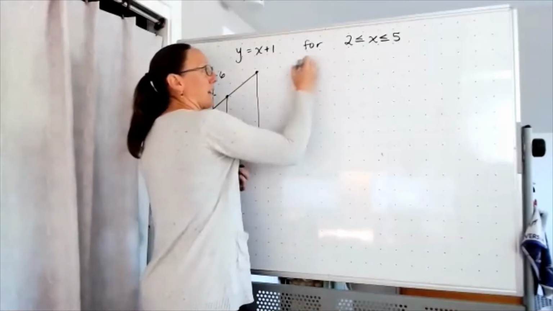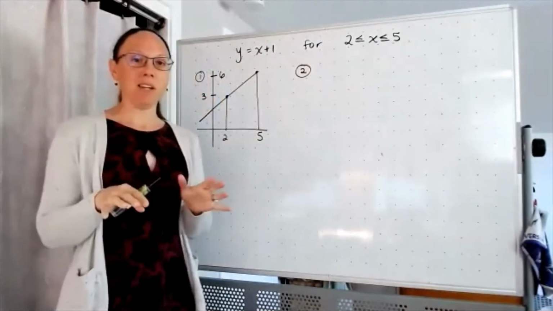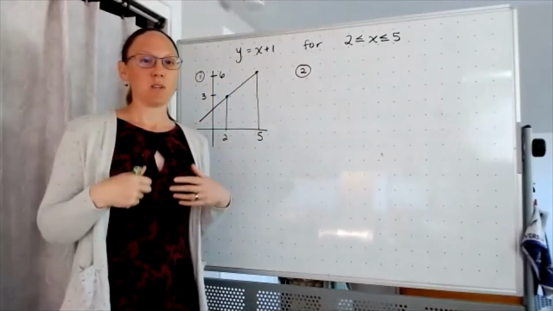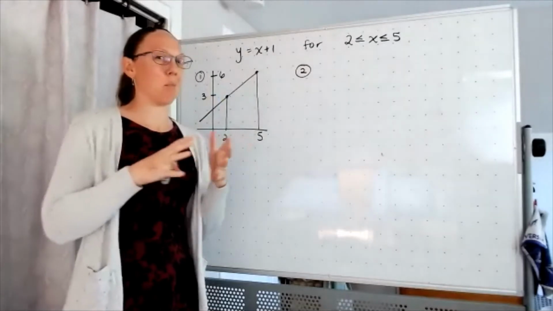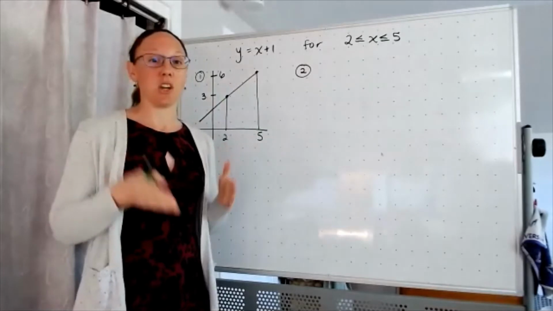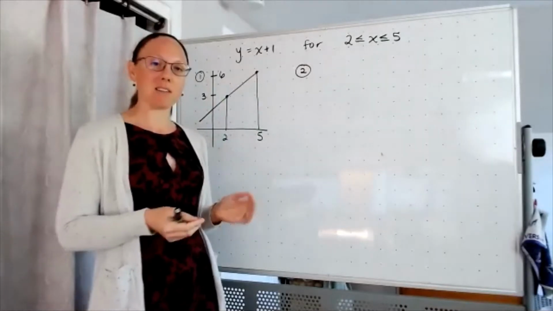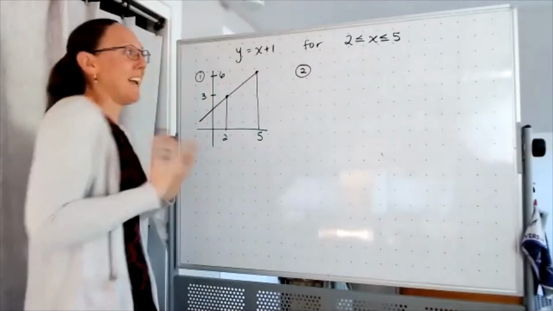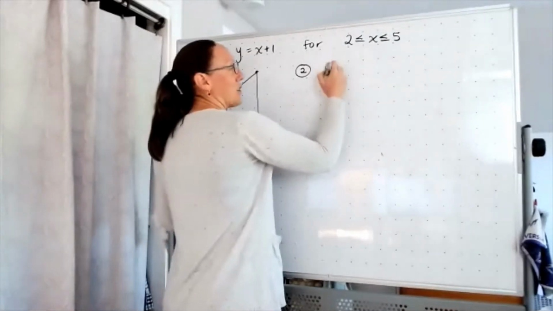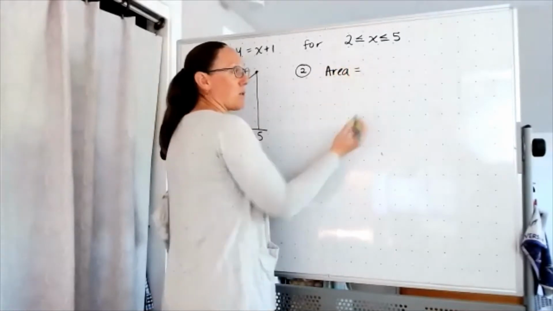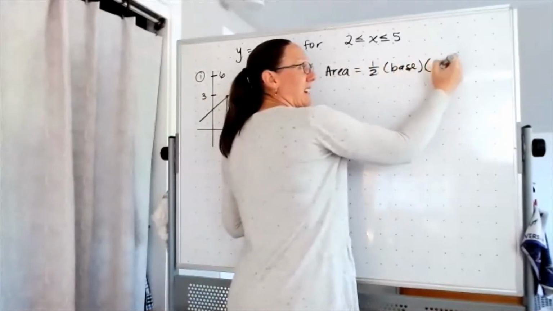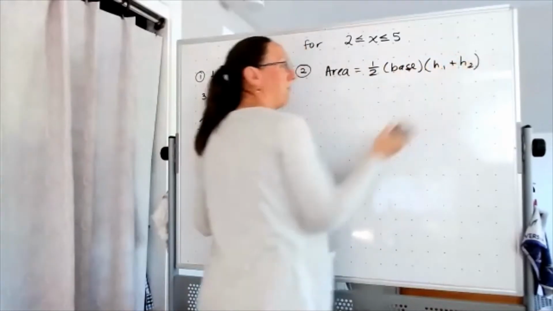The second question on the quiz, I think I confused people because I think some of you were trying to use calculus and to use a trapezoid formula as a part of summation. But number 2 was just straight up use geometry to find the area. So no calculus involved. We should just be using geometry. And I gave you the formula because I wasn't sure if everybody remembered it. So one formula for the area of the trapezoid looks like 1/2 times the base times height 1 plus height 2.